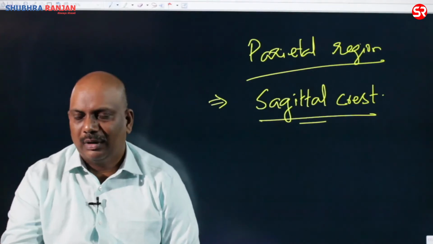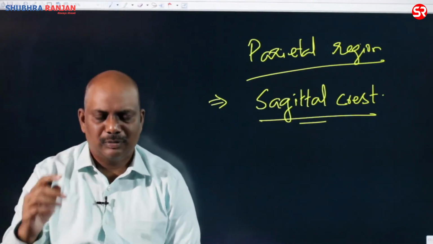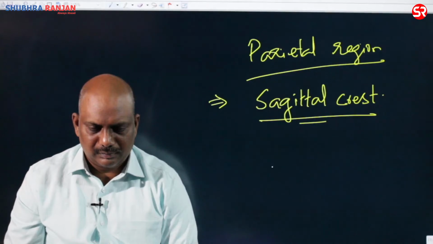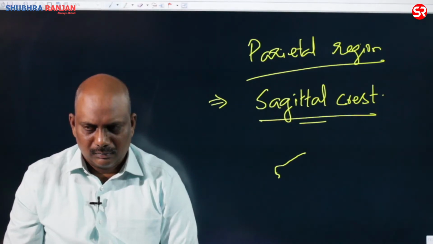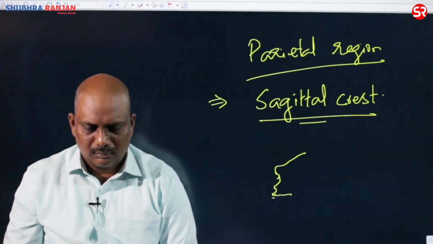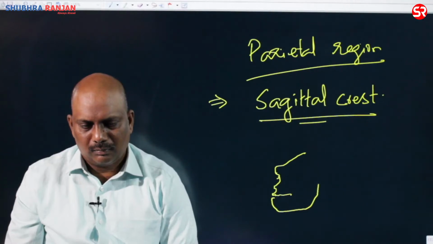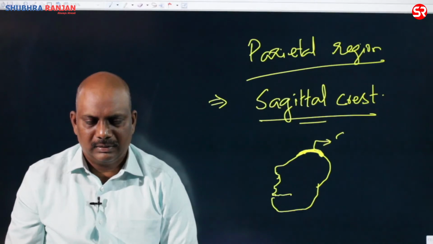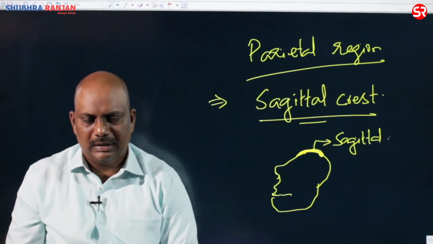So now I told you, there is one small box below the sagittal crest. In that, draw a small diagram like this, and mark this as sagittal crest.